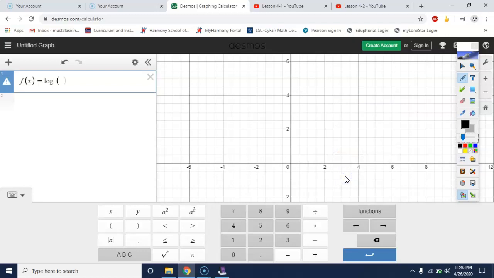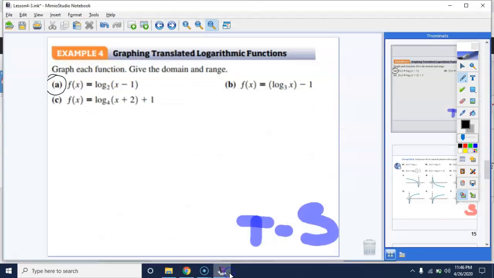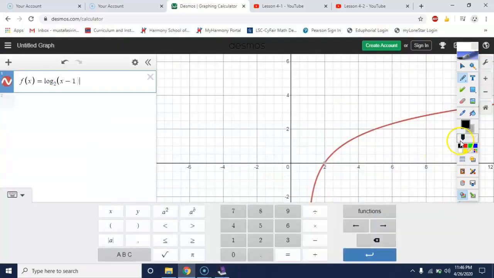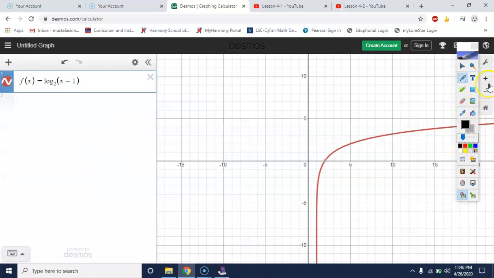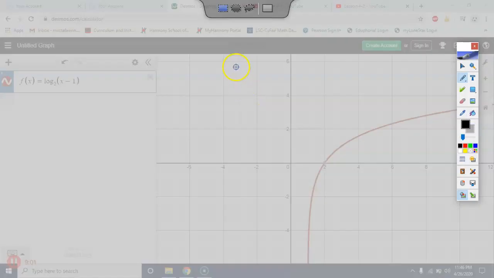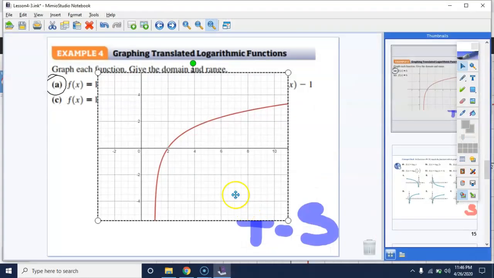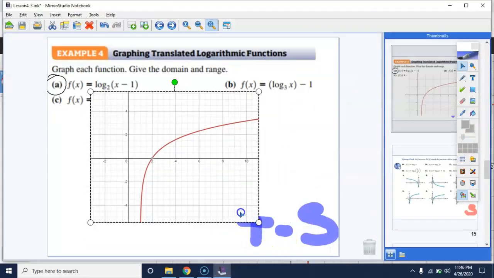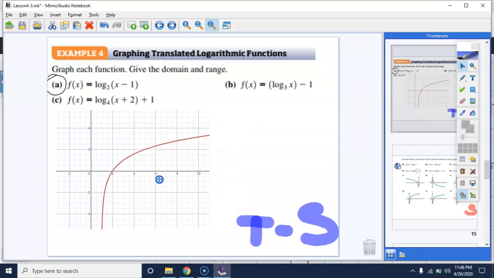If you look at it, base is 2, inside was x minus 1, right? Yes, so here we go. That's my function, right? Let me just make it smaller.